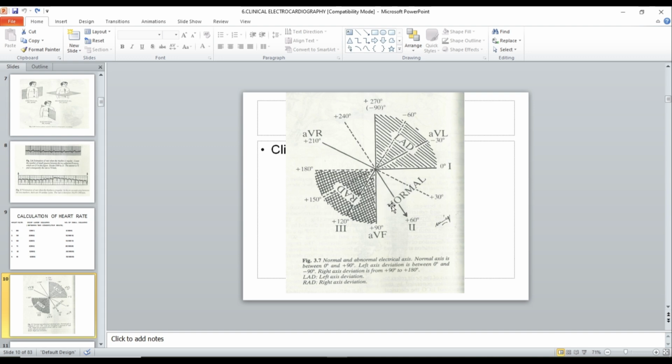Normally, the axis of the heart lies between 0 and plus 90. From plus 90 to plus 180, it is right axis deviation, and from 0 to minus 90 is left axis deviation.